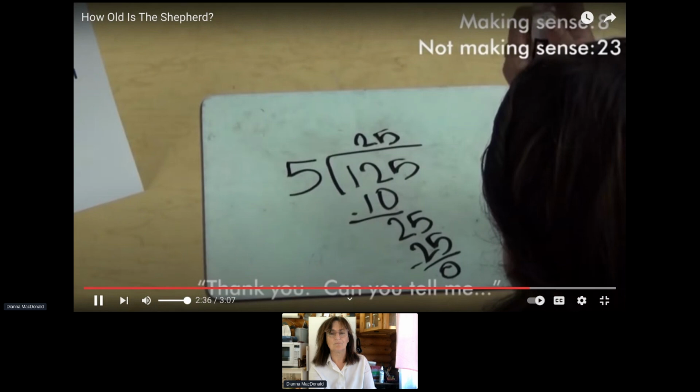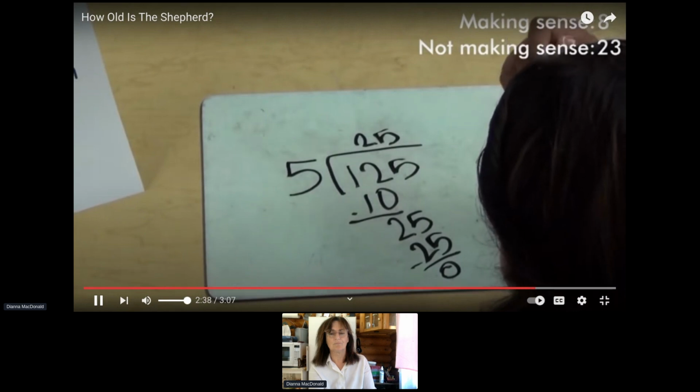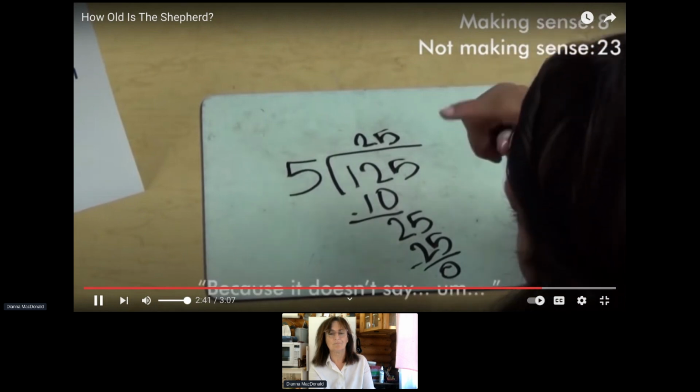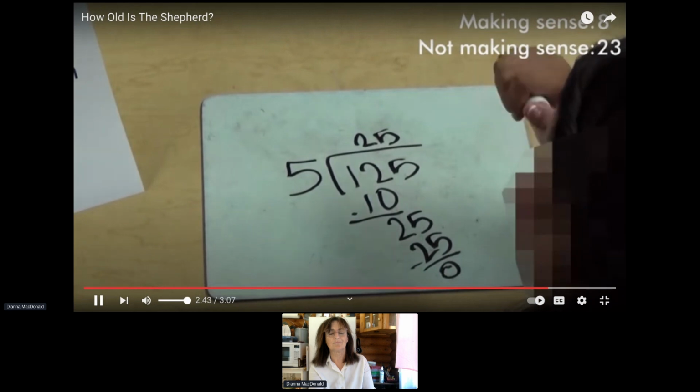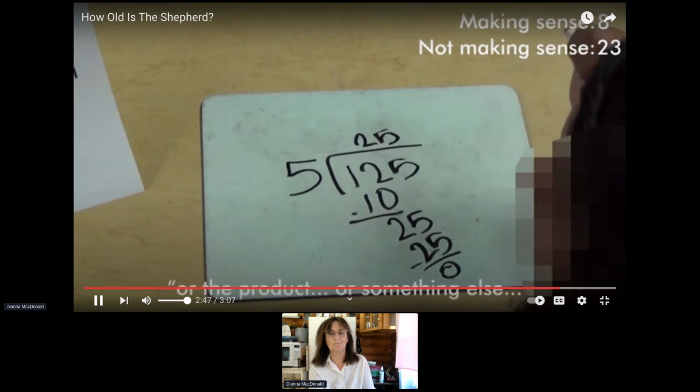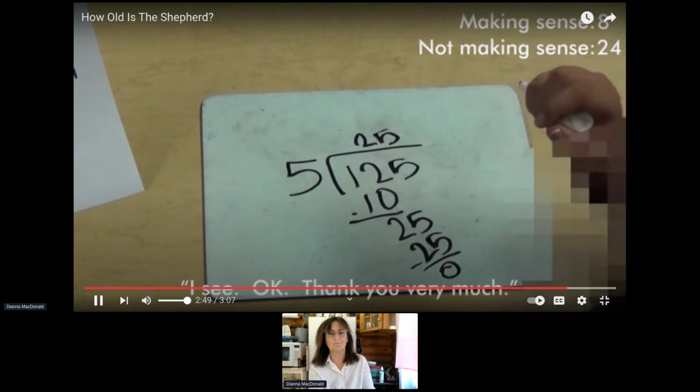Can you tell me, how did he know to divide? Because it doesn't say the difference, or it doesn't say the sum, or the product, or something.